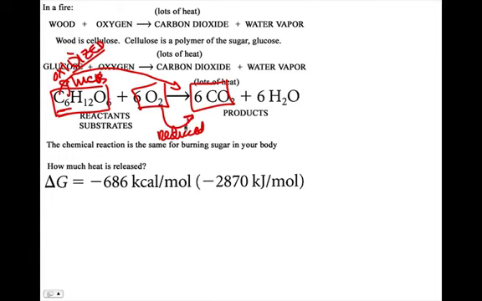Here and here, in both these cases, the oxygen is going to get reduced.